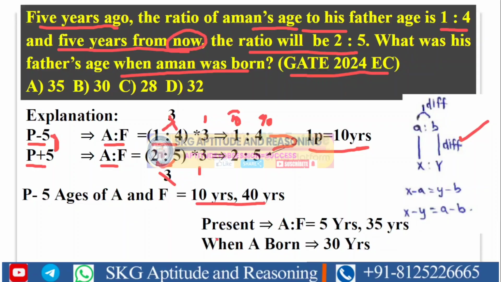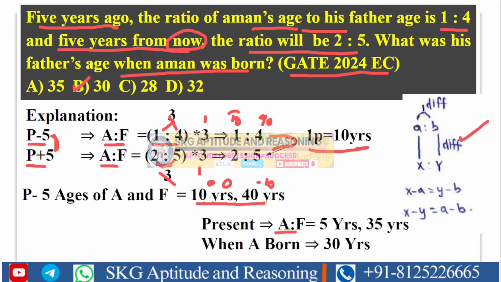Now let us try to find the present age, or simply we can make Aman's age 0. This means that if one person's age is decreased by some years, the other person's age is also decreased by that same amount. So if I remove 10 years from Aman's age, similarly I need to remove 10 years from father's age also. So the father's age when Aman was born is 30 years, or otherwise you can also solve like this by finding the present age of Aman and father.